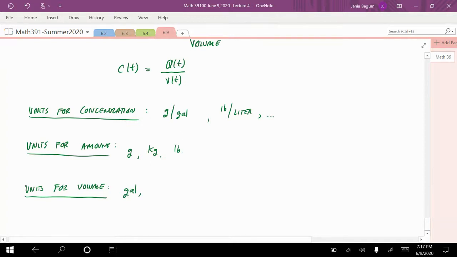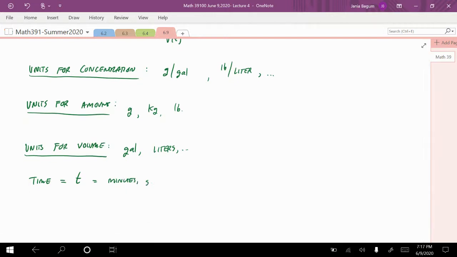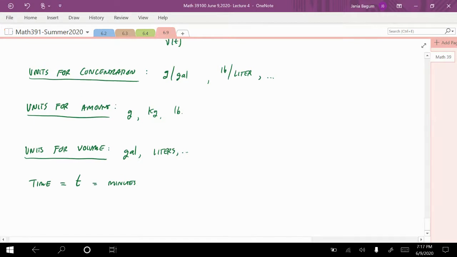Or we can use liters, and so on. And time, we're going to be using a little t, and that could be in minutes or seconds, right? Or hours, and so on. So these are the units that we want to keep in mind.